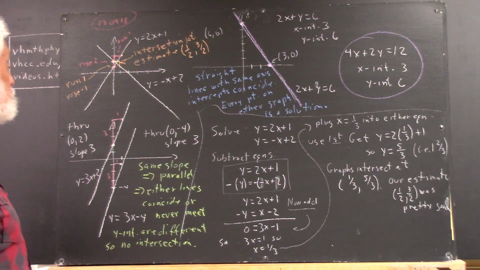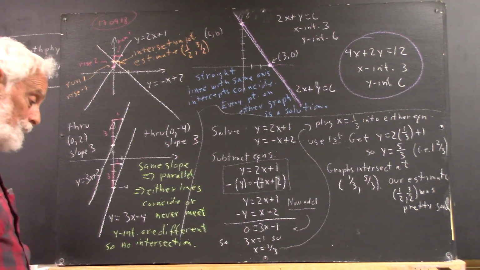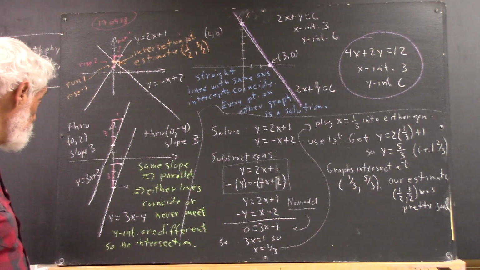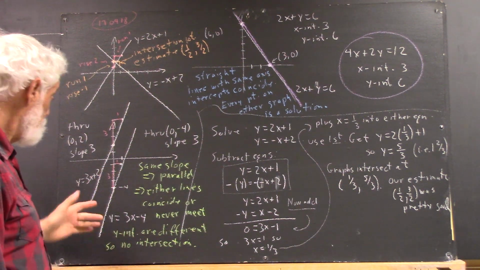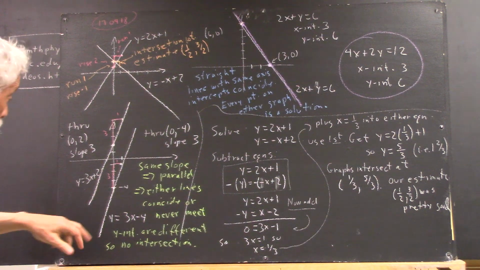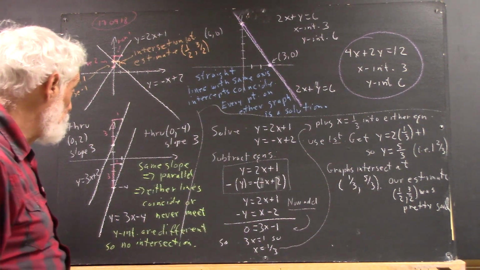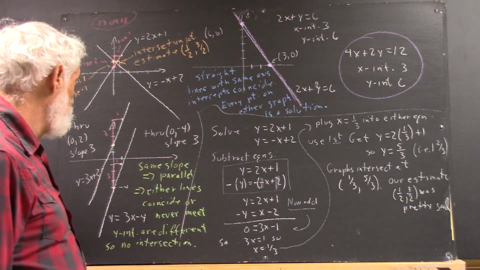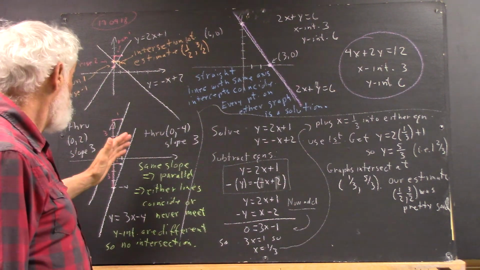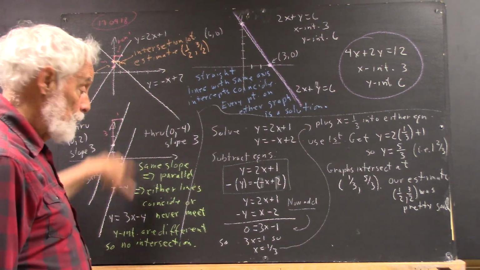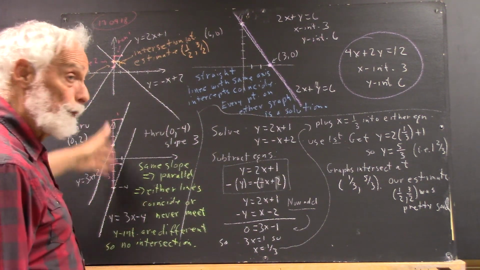Now, we should understand very well by this point, and actually from prerequisite courses, that having the same slope, these lines are going to be parallel. If we graph them carefully, they're going to look that way. Same slope implies they're parallel, which implies that either they're the same line, in which case they coincide for all their points, or they never meet.